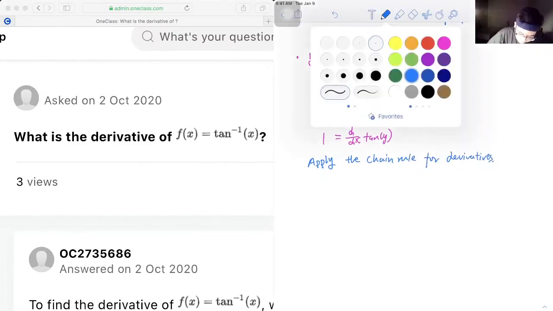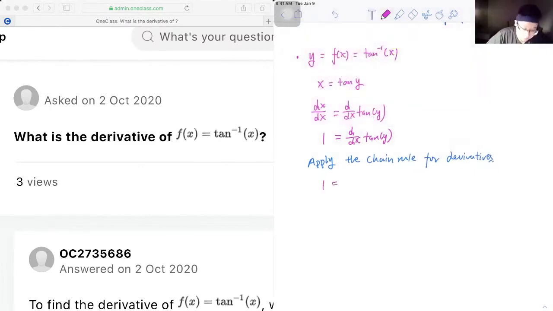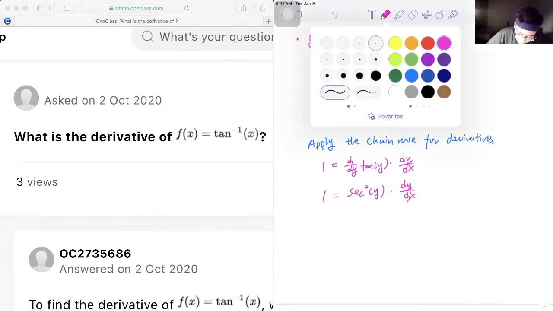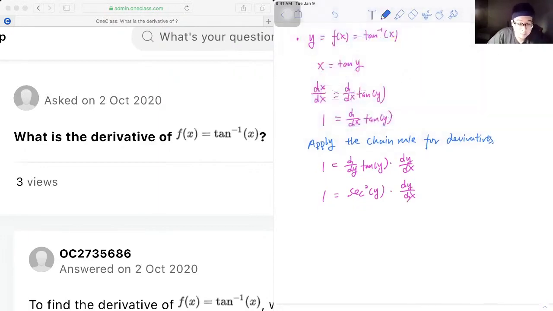So we will have 1 is equal to d/dy of tangent y times dy/dx, and 1 is equal to secant y squared times dy/dx.